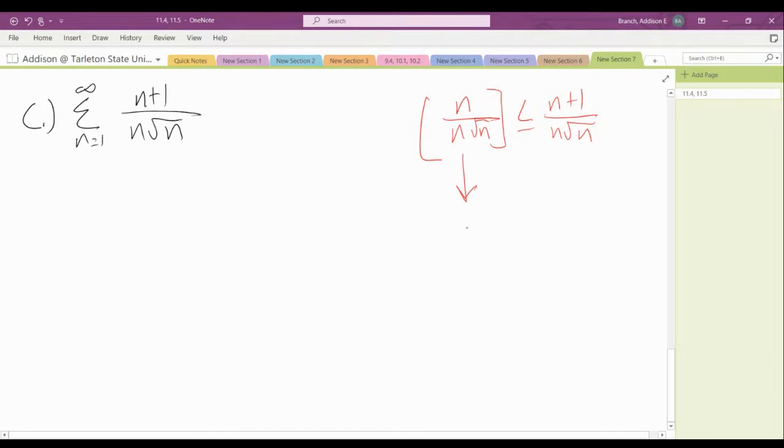We can convert this to 1 over square root of n, or 1 over n to the 1/2. Well, by our p-series, this is going to diverge. So because our smaller series diverges, our initial series will diverge as well.